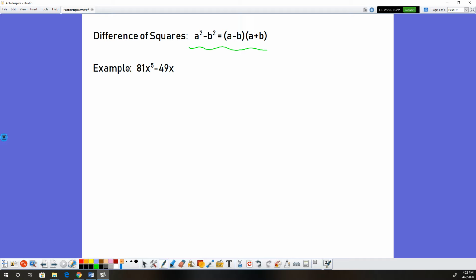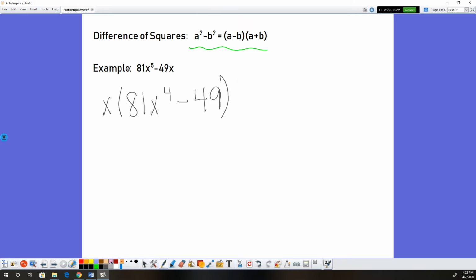First thing I always want to do is pull out a GCF. Well, 81 and 49, they don't have any common factors, but I can pull an x out from both. So x, I'm left with 81x to the 4th minus 49. All right, some of you are looking at this thinking, how is this the difference of squares?